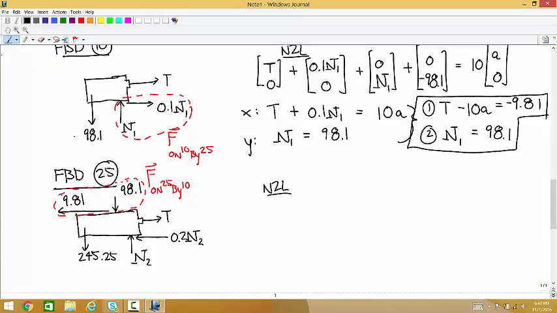So Newton's second law says, the 9.81 is in the negative x direction. The 98.1 is in the negative y direction. T is in the positive x direction.